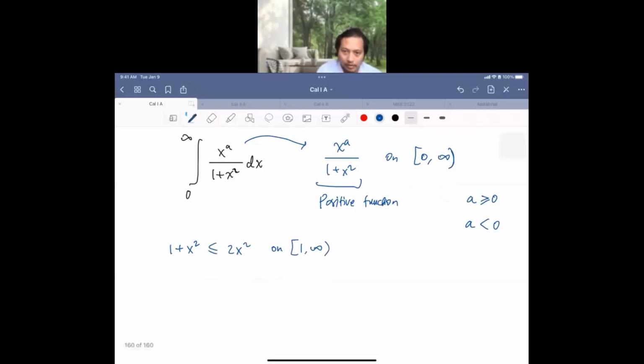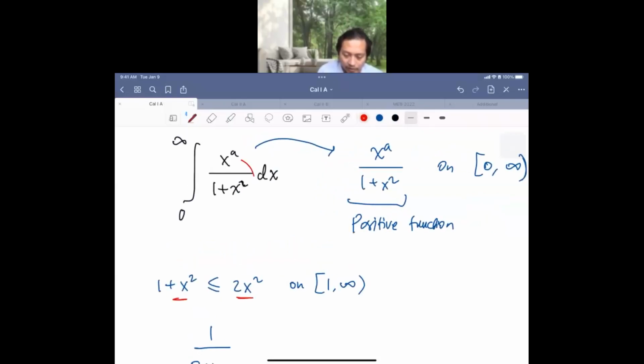And if we use this fact that this is less or equal, then we take 1 over 2x, and if we take the a into the denominator, so if this is x to the a over x squared, we could write 1 over x to the 2 minus a, right?